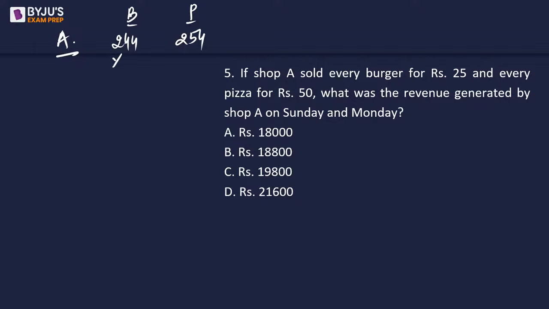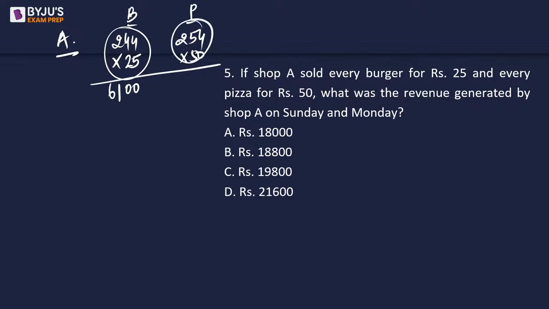And a burger is priced at 25 rupees and a pizza at 50 rupees. What is the total amount, the revenue generated here? So, how do we multiply a number by 25? We divide that number by 4. So this is going to be 61, and the remainder times 25 will give you the last two digits.